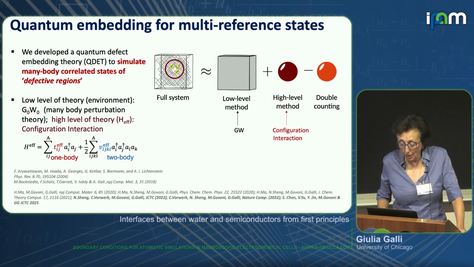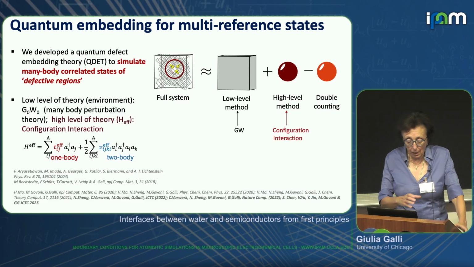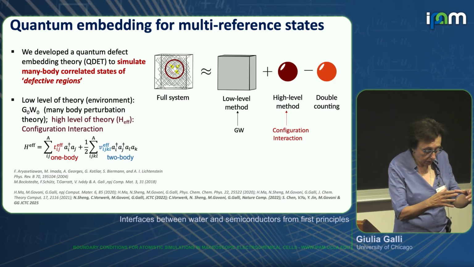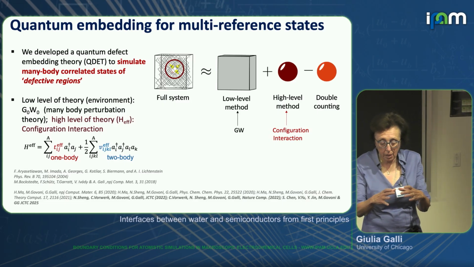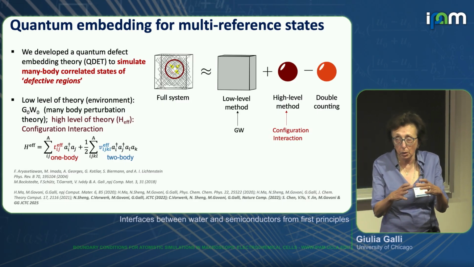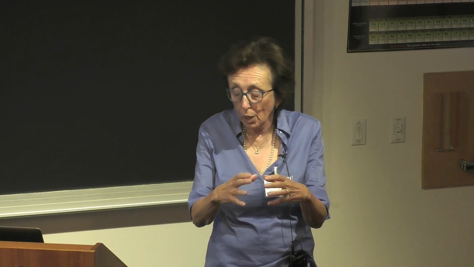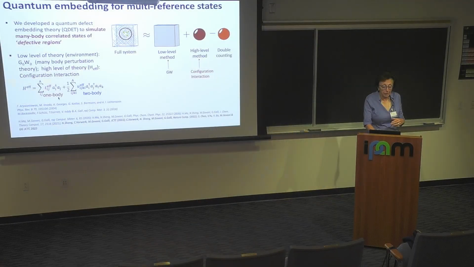We have a system that has a region with localized states, and these states are not representable by mean field theory. We want to use quantum chemistry method like configuration interaction to understand these states, and by setting up an effective Hamiltonian written there in second quantization.